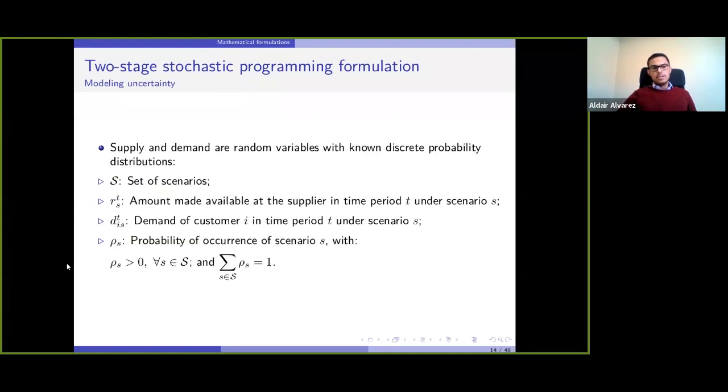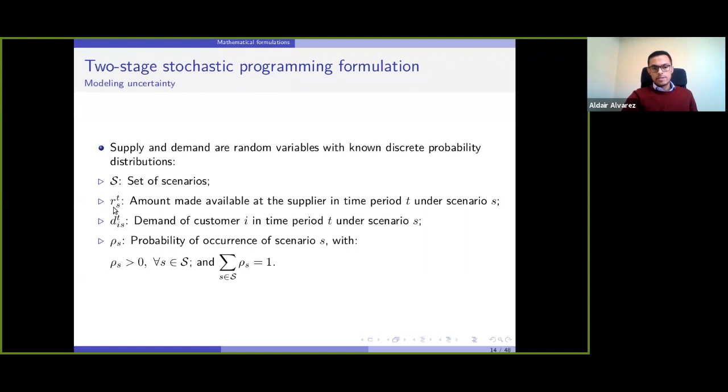Then regarding the uncertain parameters, in this research we are assuming that supply and demand are random variables, and that we know their probability distribution, which we assume is a discrete distribution. So we model that distribution using a set of scenarios, this capital S here.